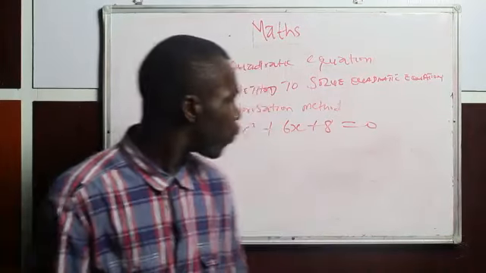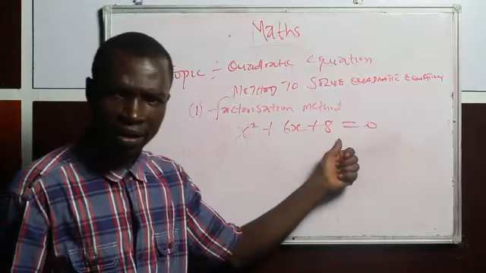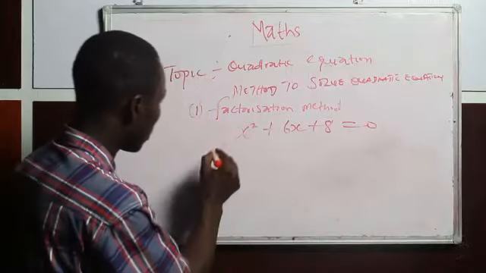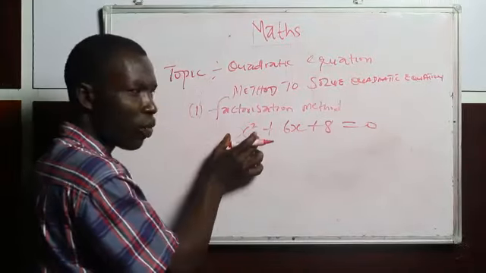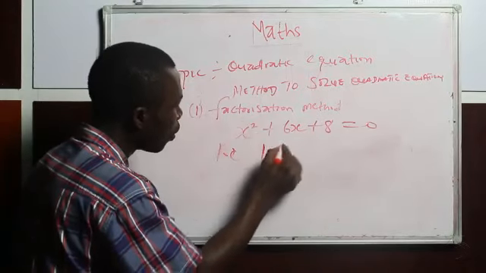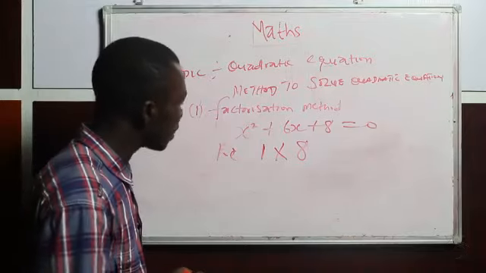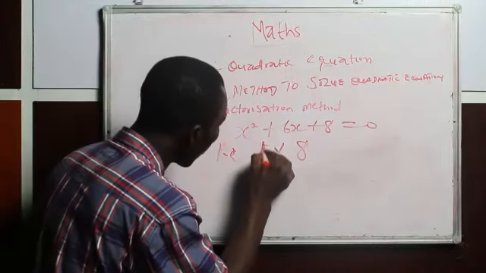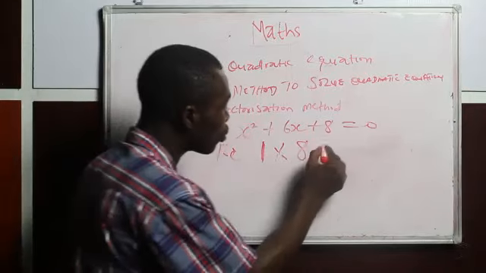Firstly, we have to find the value of x squared multiplied by 8. The first step to solve this: the coefficient of x squared is 1, so 1 times 8 is equal to 8.